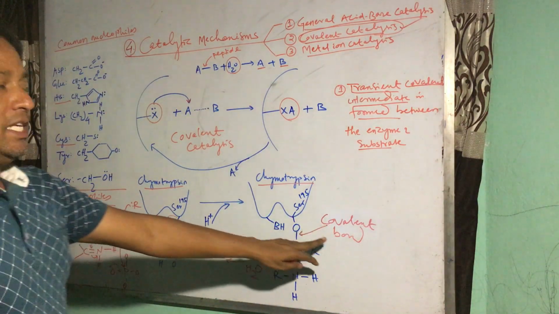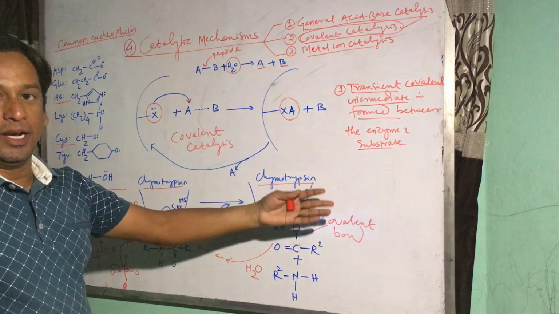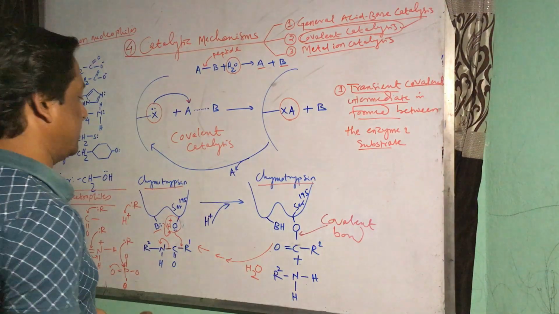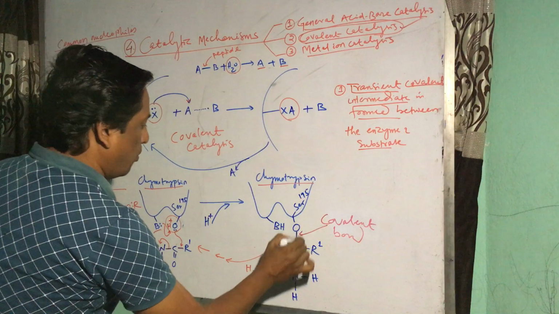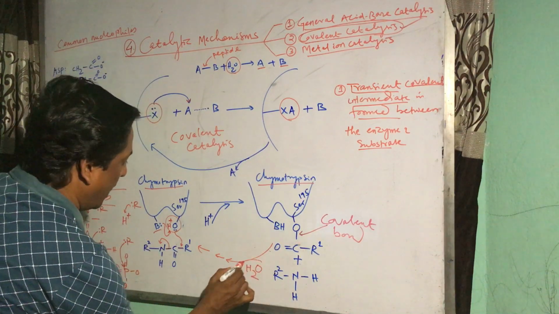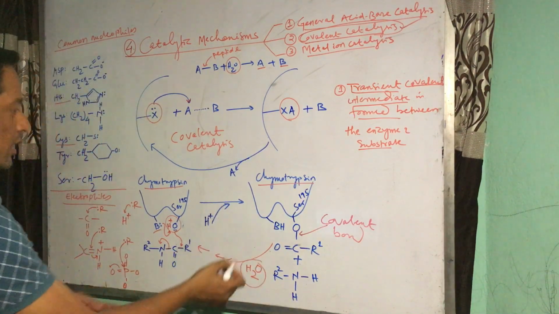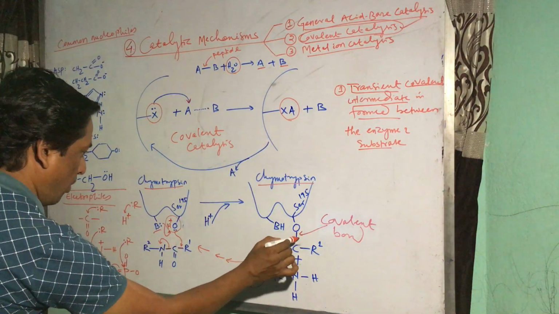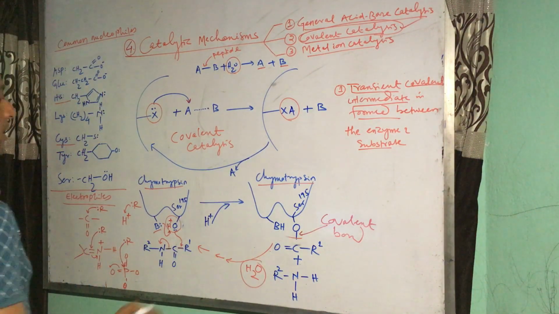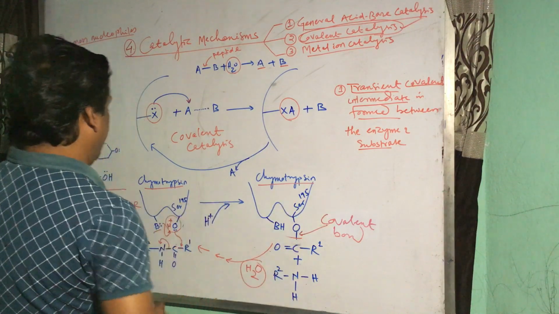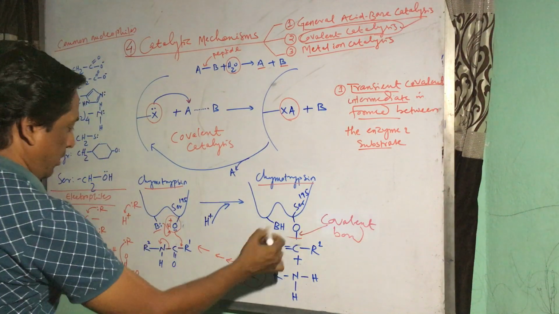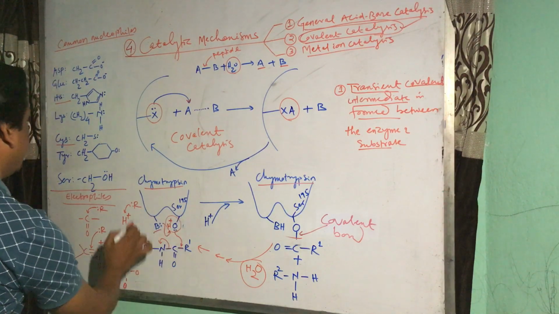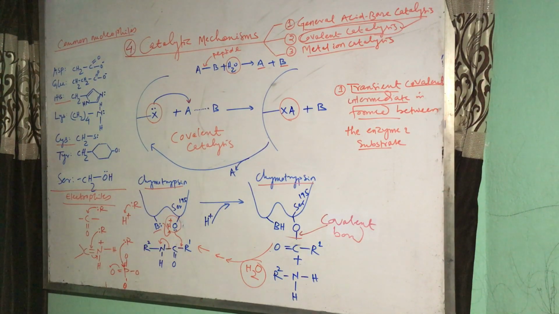However, this bond is not permanent, it is a transient step during the catalysis, and this covalent bond is broken by addition of water. That's why it is called a hydrolysis reaction. This water breaks the bond between serine 195 and the half of the peptide to regenerate the active site of the chymotrypsin.